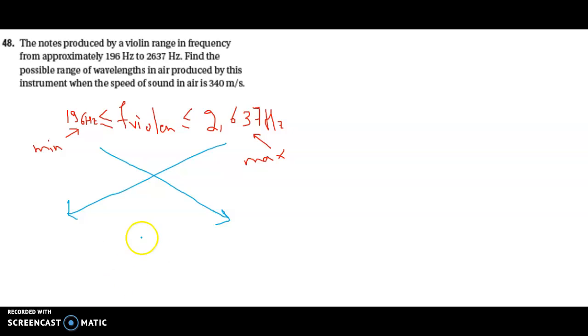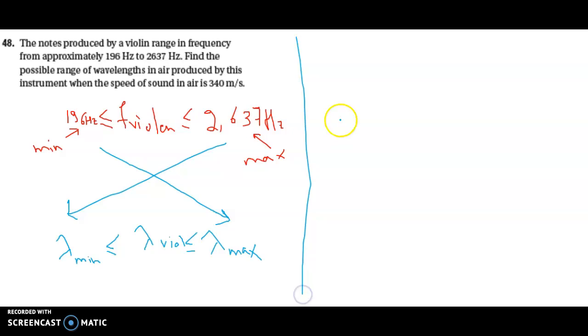So we express it as such: lambda for the violin should be greater or equal to lambda minimum, and less than or equal to lambda max. Now we have to find lambda minimum and lambda max, each one alone.